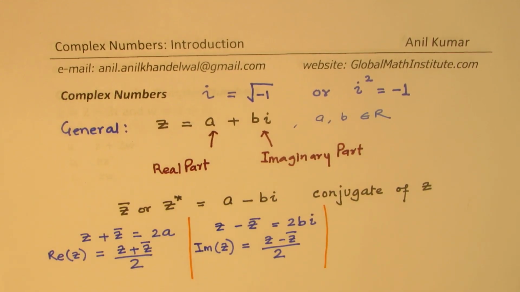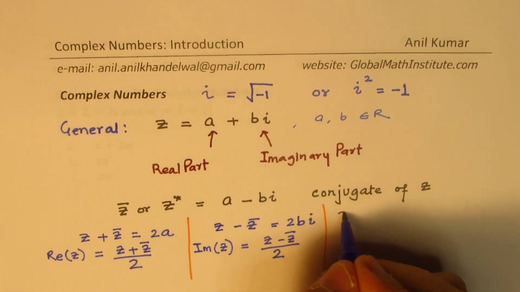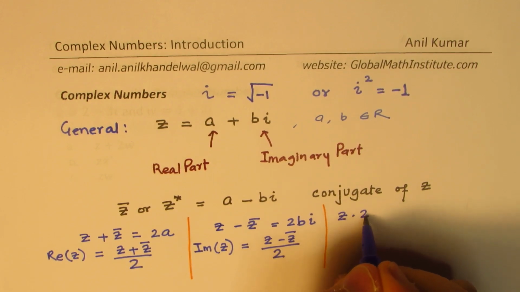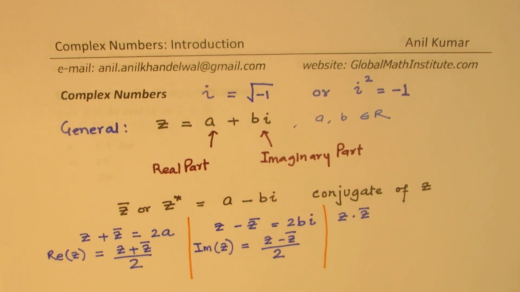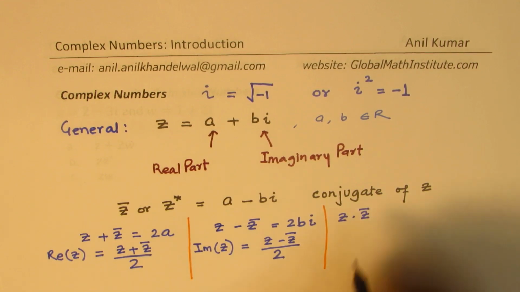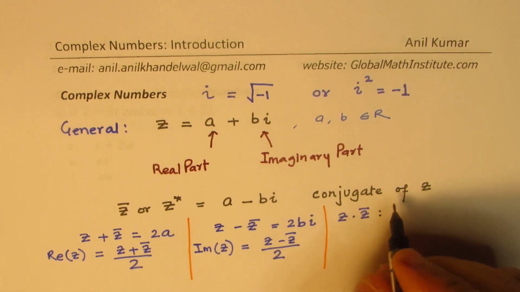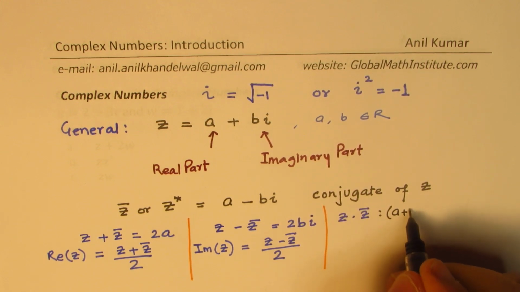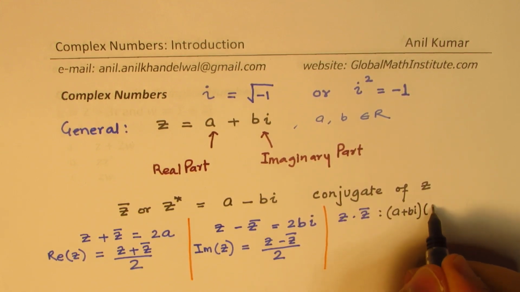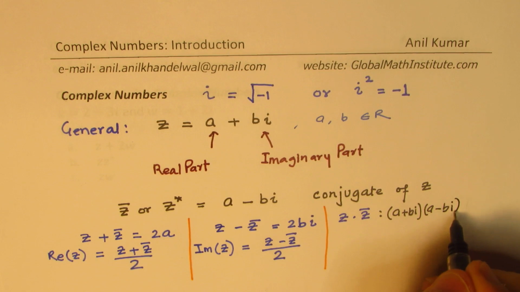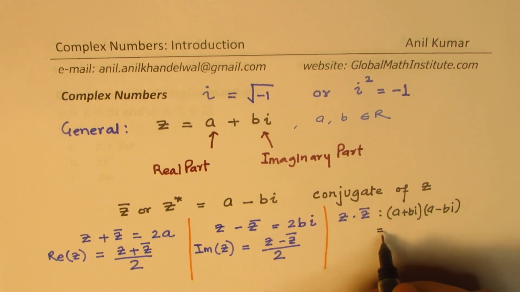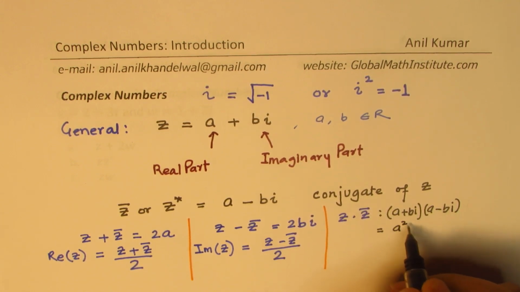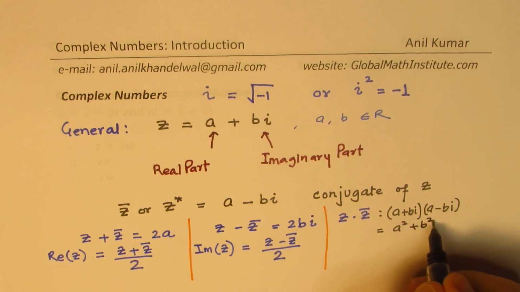Now what do you get when you multiply the complex number with its conjugate? So if you do that, which is to say that we are doing a plus bi times a minus bi, right? So that should be equal to a squared minus b squared i squared, or plus b squared.